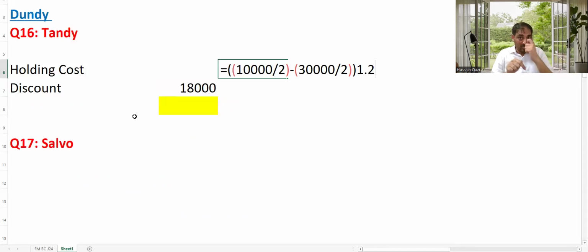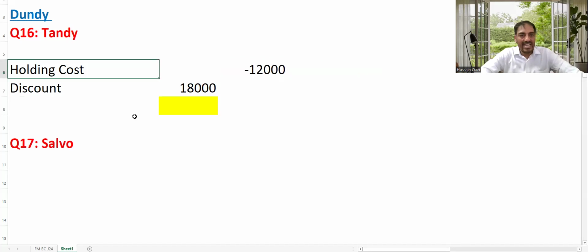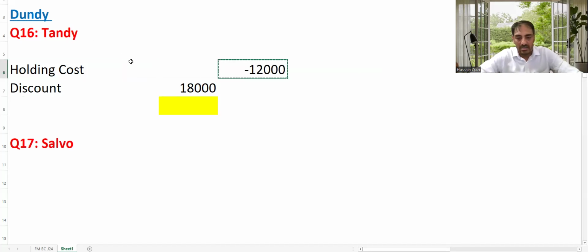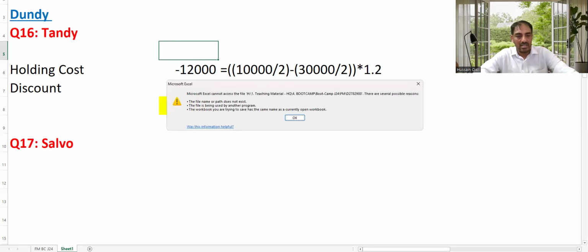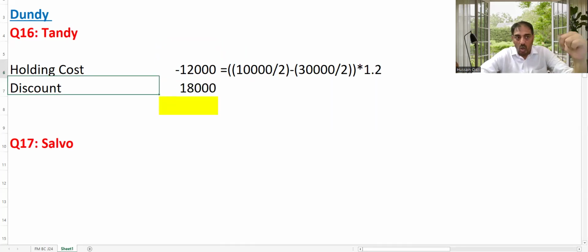Previously 10,000 divided by 2, now 30,000 divided by 2. Previously we held an average of 5,000 units. If we accept the discount, the average holding quantity is 15,000, multiplied by 1.2. So that means minus 12,000, which means the cost will increase.